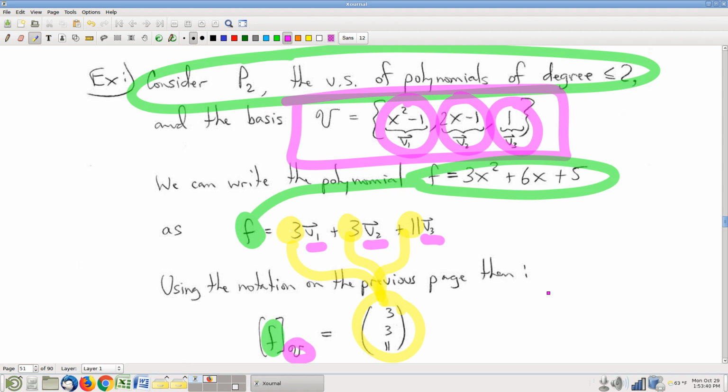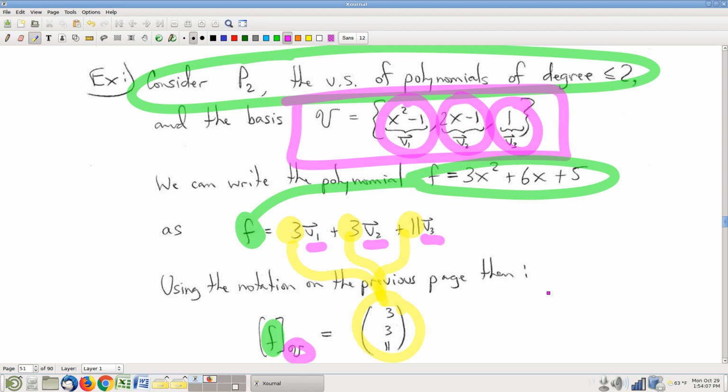Said differently, F may be a function, but in the language of this basis, we describe it with a list of numbers. Okay. Now a question comes up: how did I find these numbers? Well, that's a system of equations. Expand V1, V2, and V3 as given above.